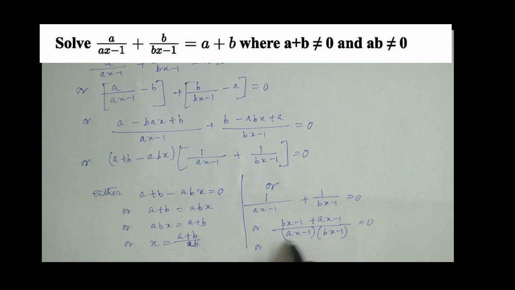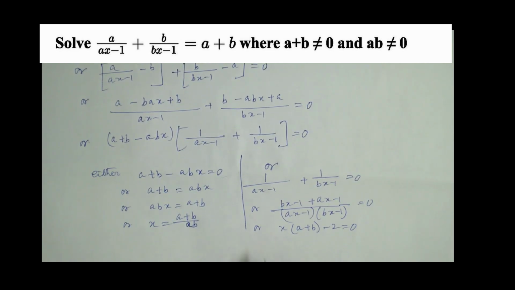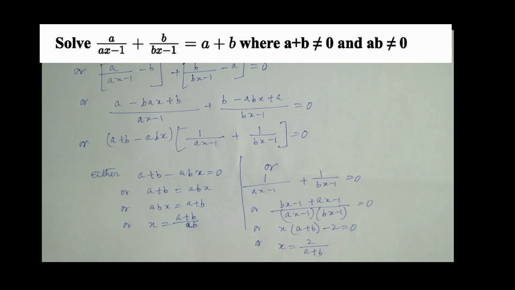So numerator is equal to 0, taking out common x, (a plus b)x minus 1 minus 1, that is equal to 0. After simplifying or solving, x is equal to 2 by a plus b, as a plus b is not equal to 0.